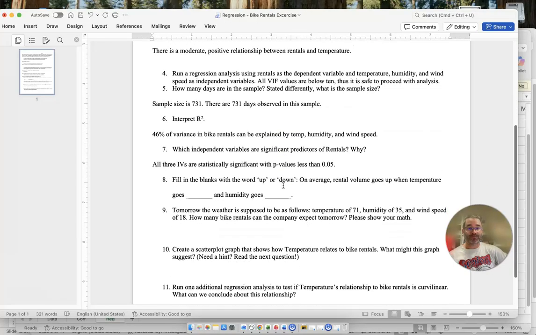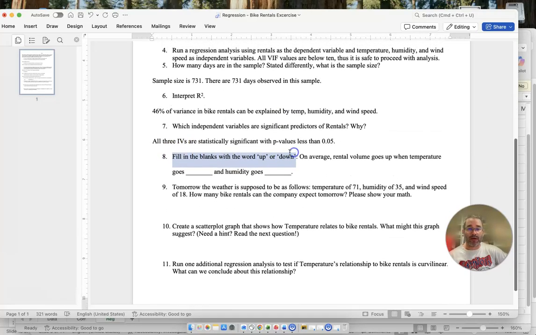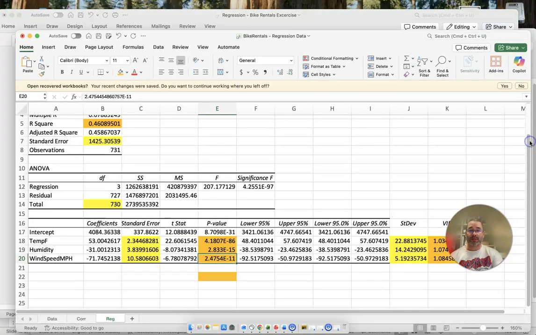Moving on. Another pretty quick one here. Fill in the words with up or down. On average, rental volume goes up when temperature goes which direction? It's also looking for humidity, but the way that we know this is the sign before our coefficients. Here are our coefficients.